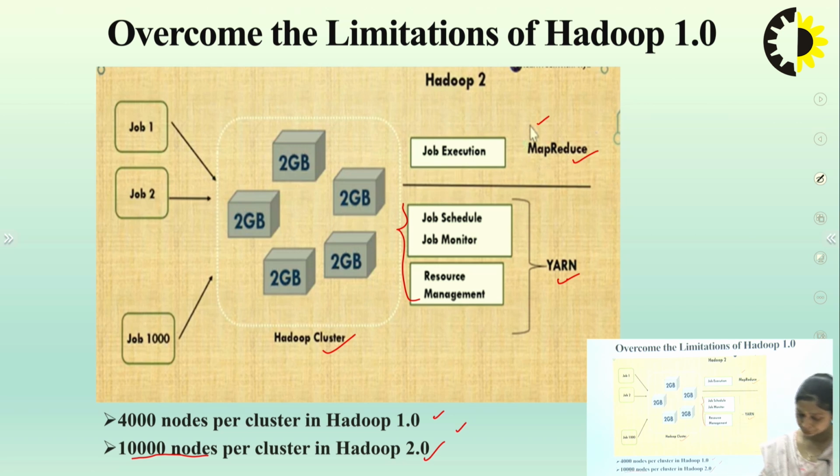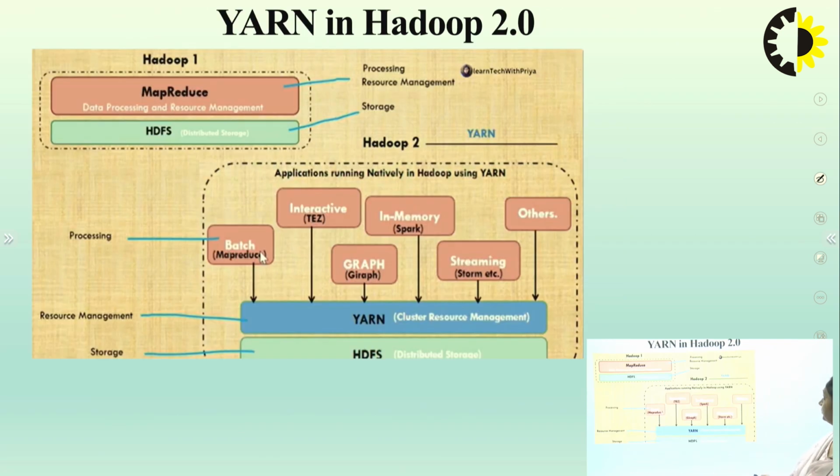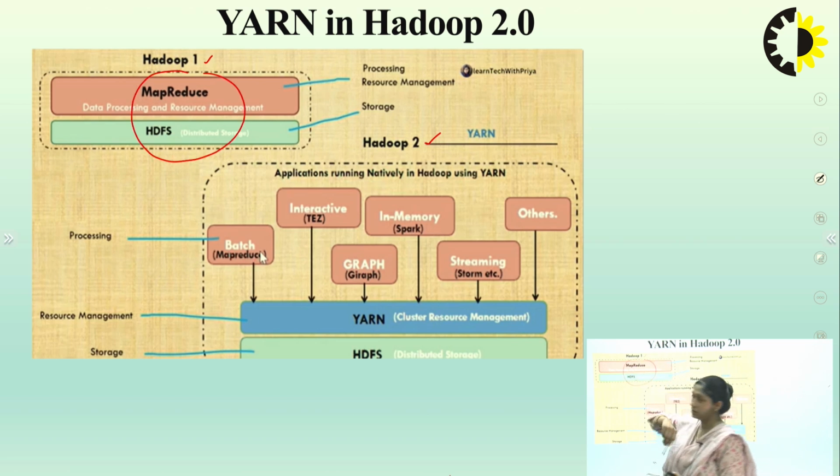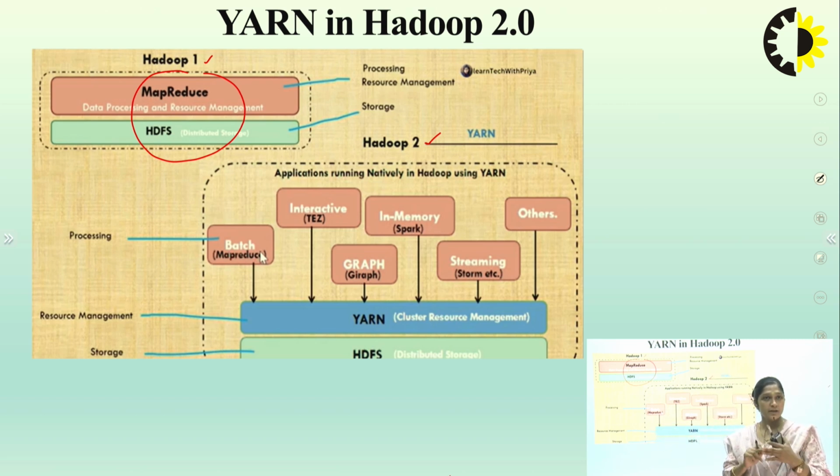Now the next term, we will discuss YARN in detail. First, I told you about Hadoop 1.0 and second Hadoop 2.0. This is version 1 and version 2. As I told you in the last slide, in Hadoop 1.0 we were using only two components, MapReduce and HDFS.